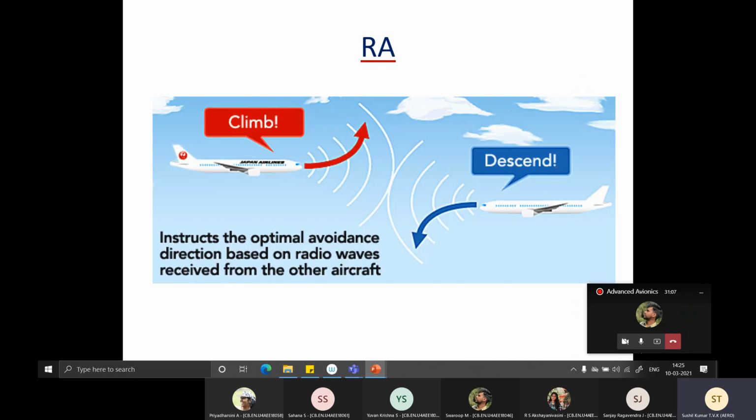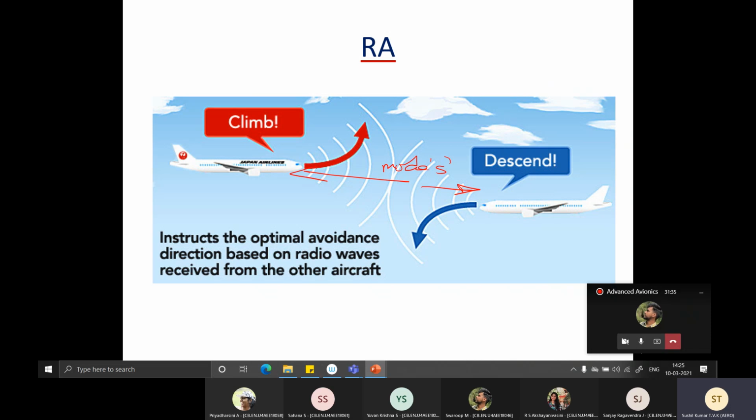So resolution advisory is like this. One aircraft is told to climb, the other aircraft is told to descend. Now the question is, how do they decide which one should climb and which should go down? So this complete link is through MODES. See, MODES has a lot of additional capacity, I think 64 bits or something is being used.